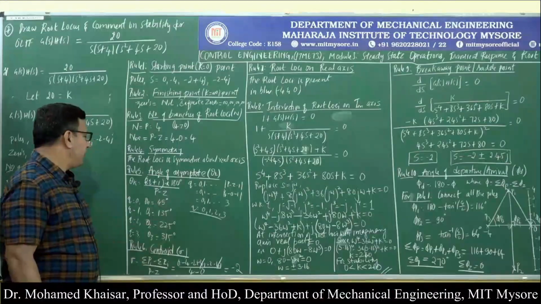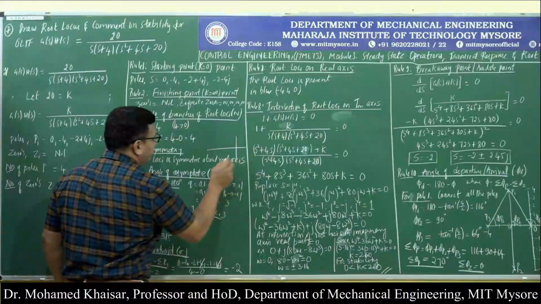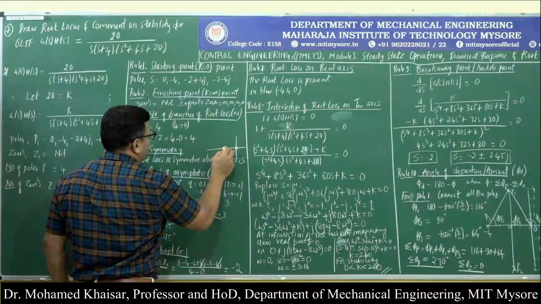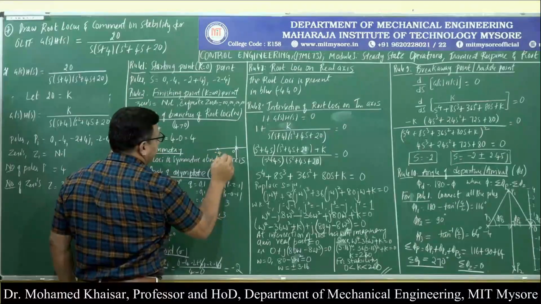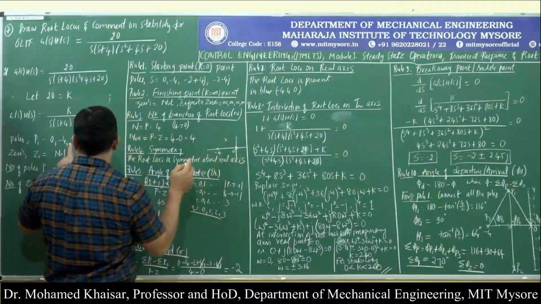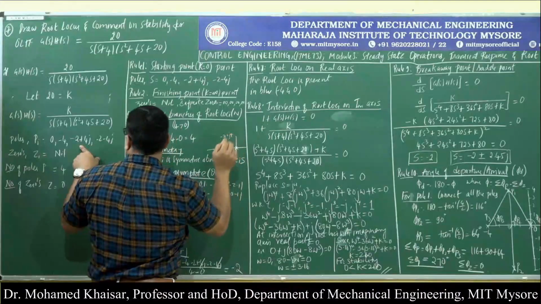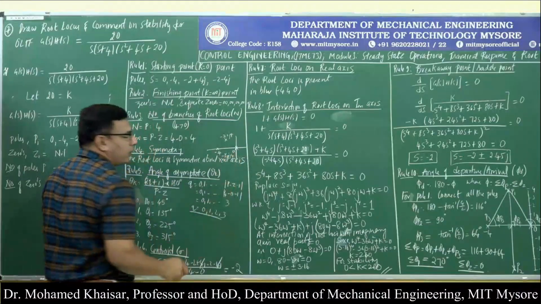Rule 4 is about symmetry. If this is the s plane, there is a pole at 0, a pole at minus 4, then a pole at minus 2 plus 4j, as we have just found out, and a pole at minus 2 minus 4j.